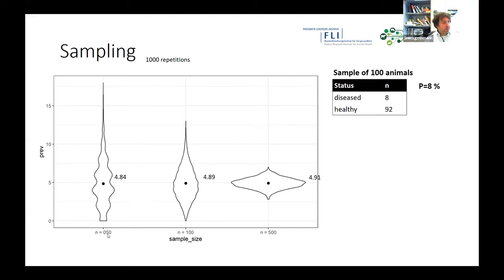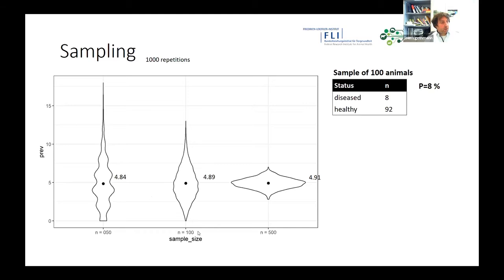With a sample size of 50 animals, you get, on average, a prevalence of 4.84%, but you can see that the confidence intervals are quite high.